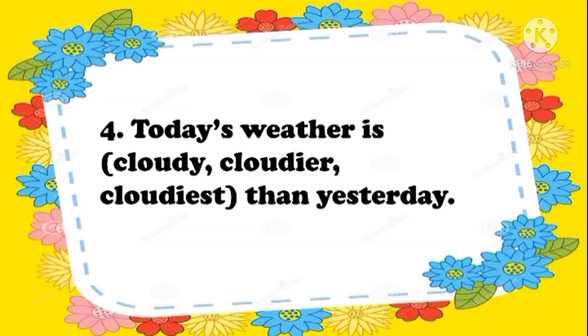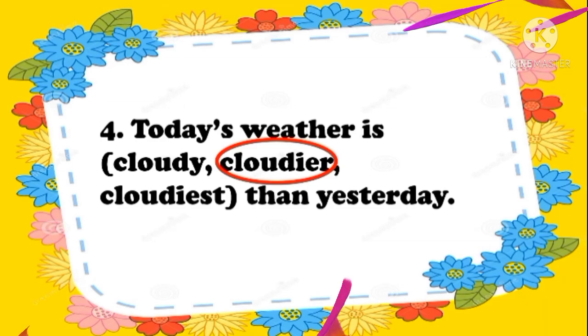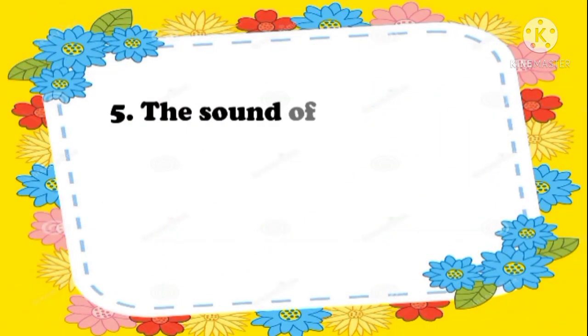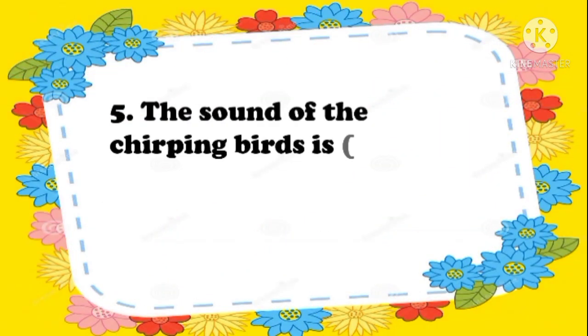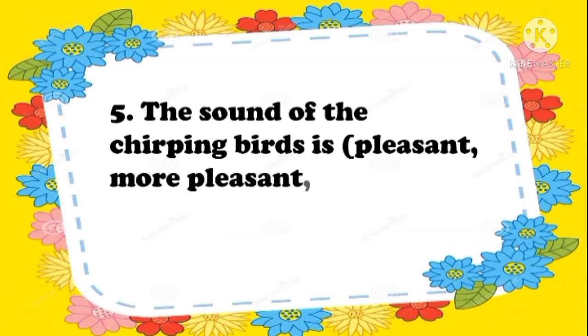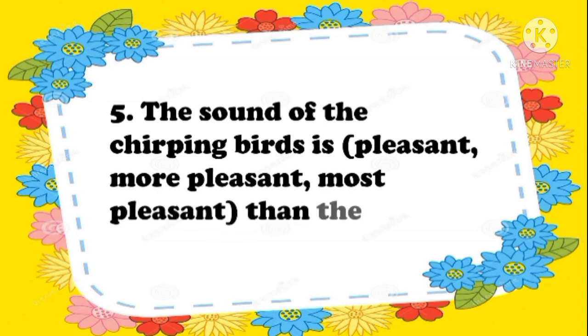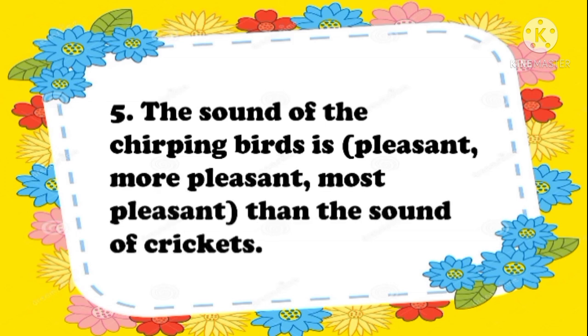The correct adjective is, you're right, cloudier. And for number 5, the sound of the chirping birds is pleasant, more pleasant, most pleasant than the sound of crickets. The correct answer is more pleasant. Very good.